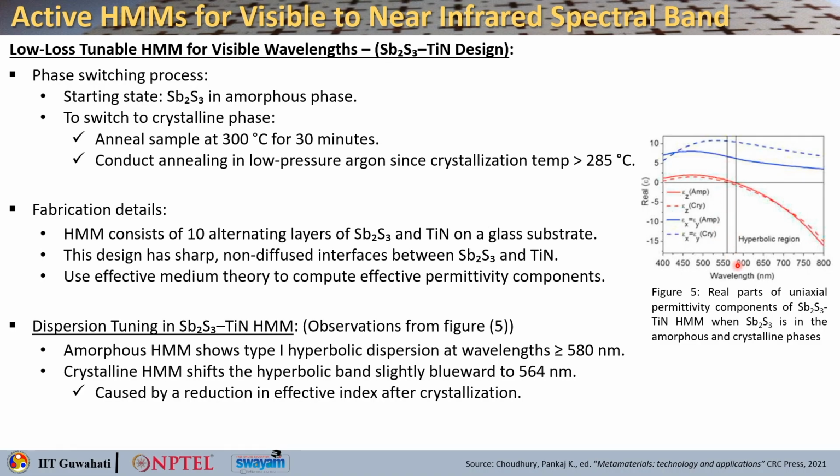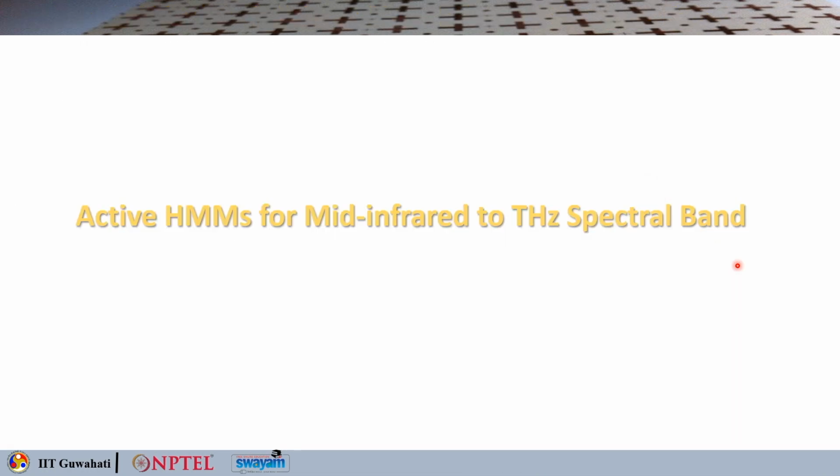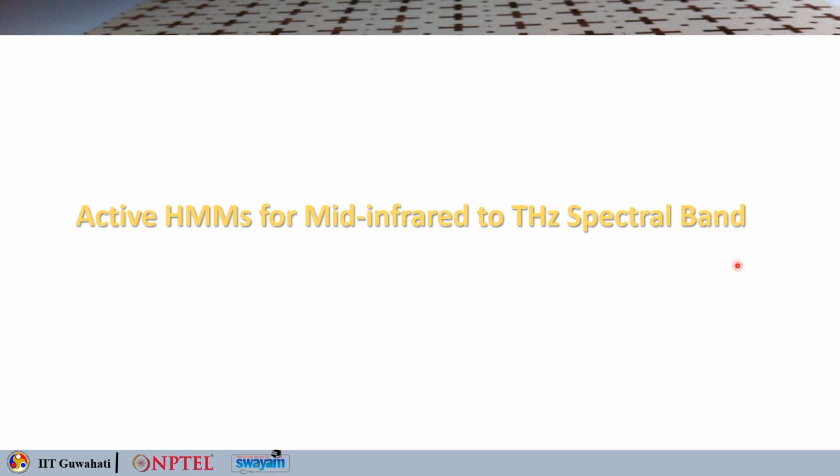This is caused by a reduction in the effective index because of the crystallization process. So that gives us a good idea of what kind of material we will be able to use for those spectral bands.